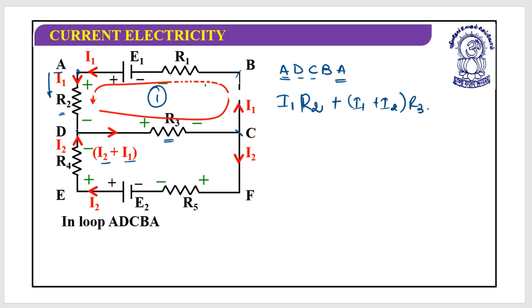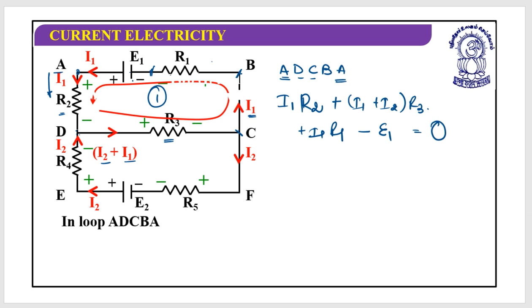From C to B, no component, only the current is leaving. From B to this position, only the current I1 is flowing, so it's I1 R1. Then you are moving towards the minus of E1 because you're stuck with a battery negative terminal, and you have reached A. That means this is equal to 0.